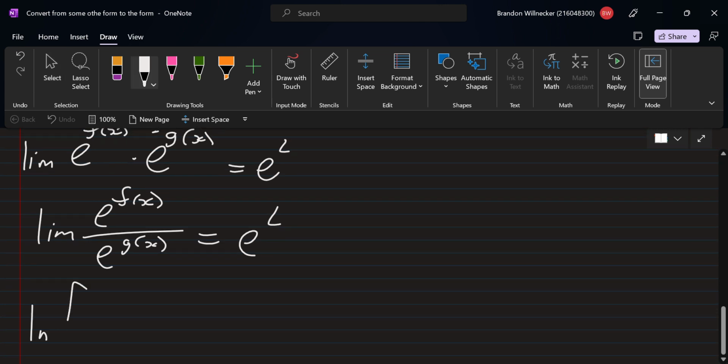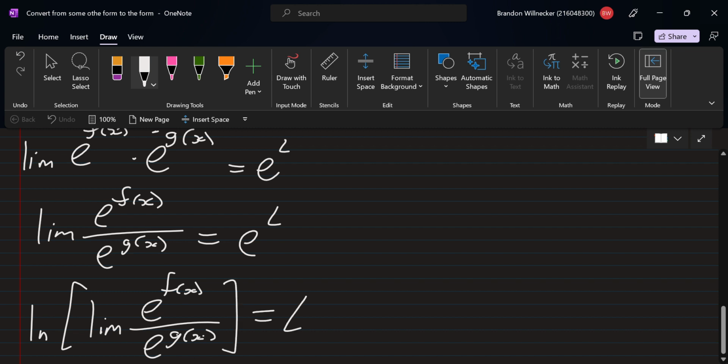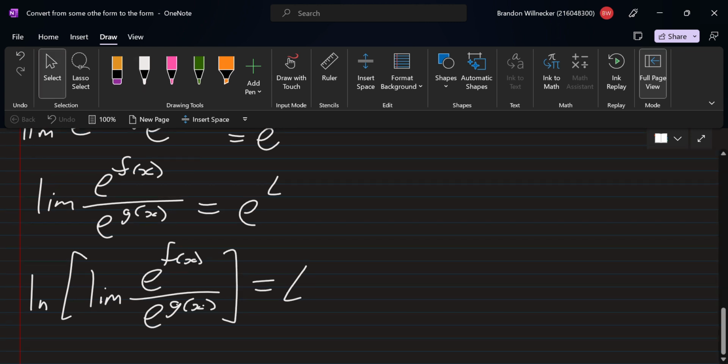So the natural log of the limit of e to the f of x over e to the g of x is equal to L. Now we see that the limit inside is exactly what we want. We can use L'Hopital's rule on that.